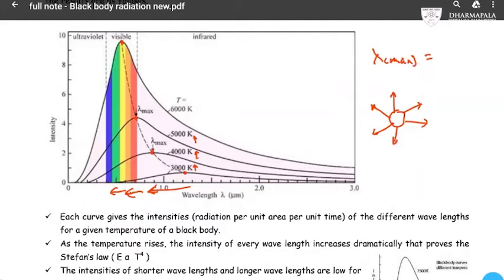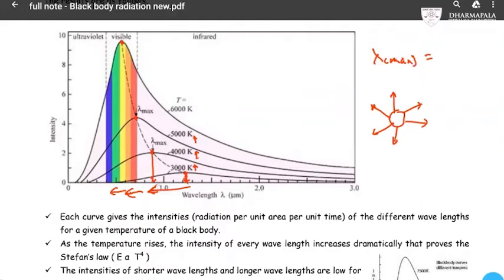So you can see here for 3000 Kelvin, lambda max is here, around the 1.2 micrometer range. But at 4000, that is around the 0.9 micrometer range. When the wavelength decreases like that, frequency and energy are increasing.